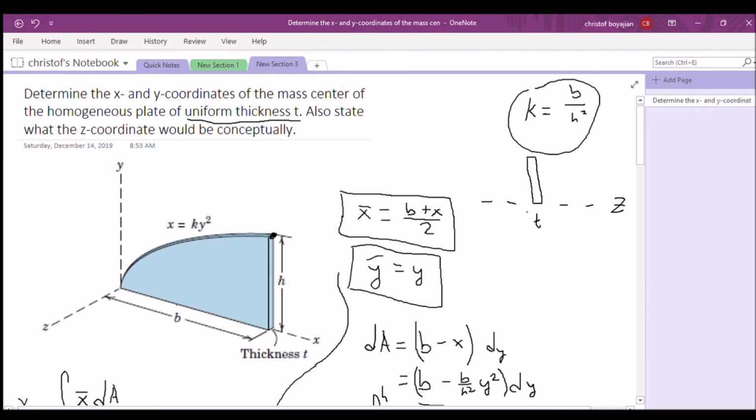So it is safe for us to assume that the z-coordinate is just going to be half of that, because obviously the centroid of a rectangle is going to be half of whatever that distance is. So our z-coordinate of the centroid, or the center of mass, is just going to be t divided by 2.